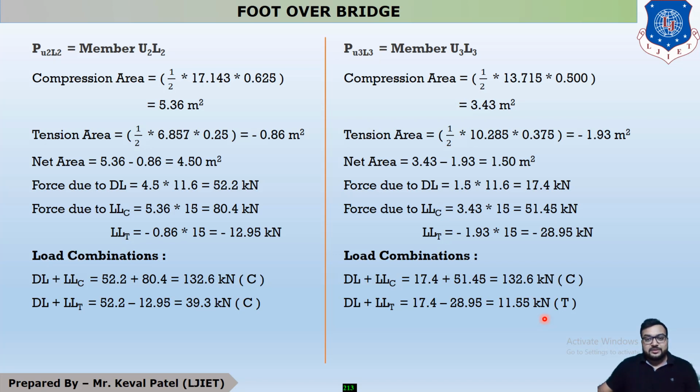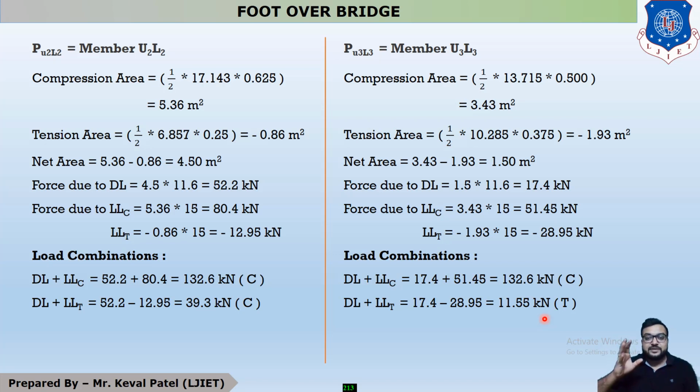Okay, so students, in the last lecture we discussed the forces of the vertical member, and it was already discussed that our maximum force is 279.3 kilonewton, which is in compression. So we have to design the vertical member as per the design of a compression member.